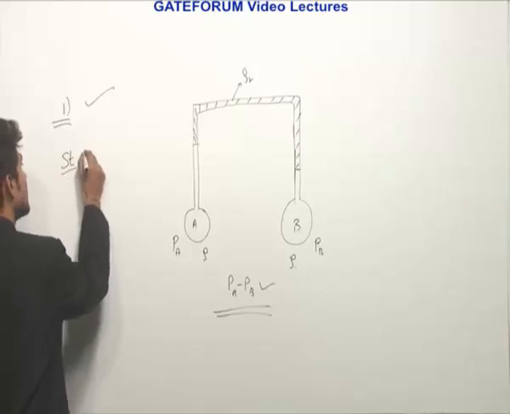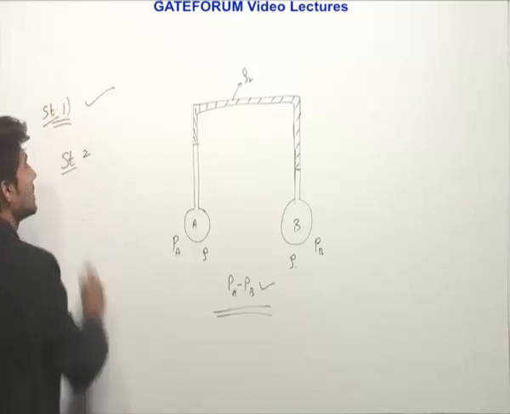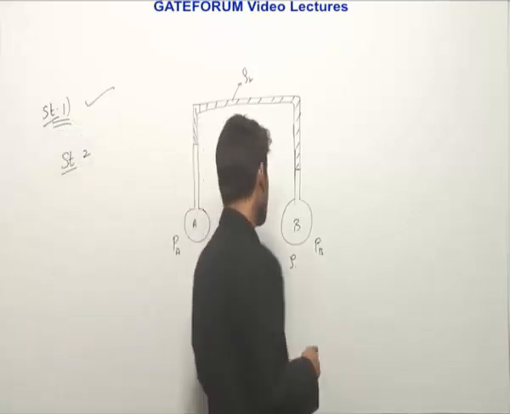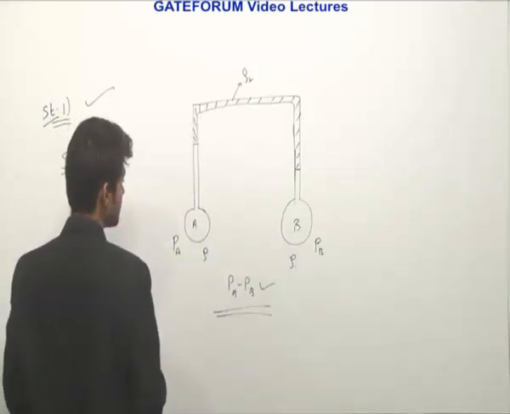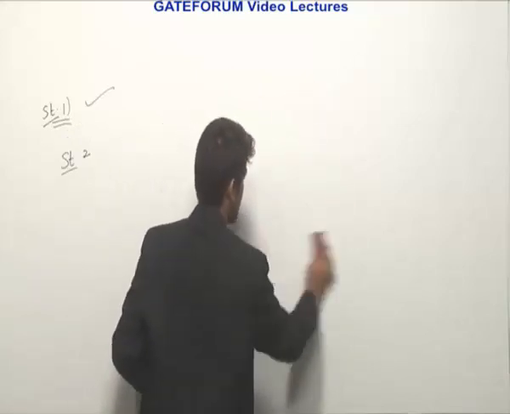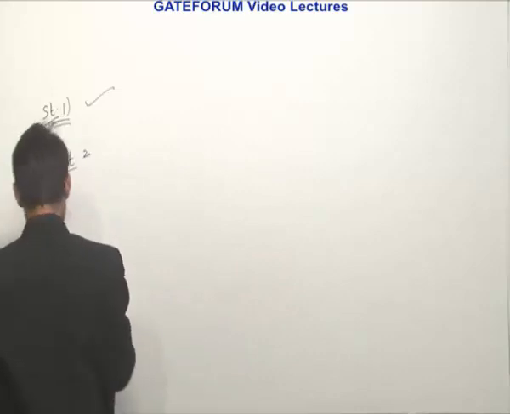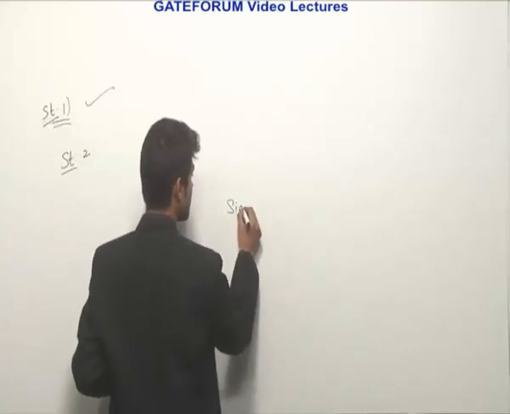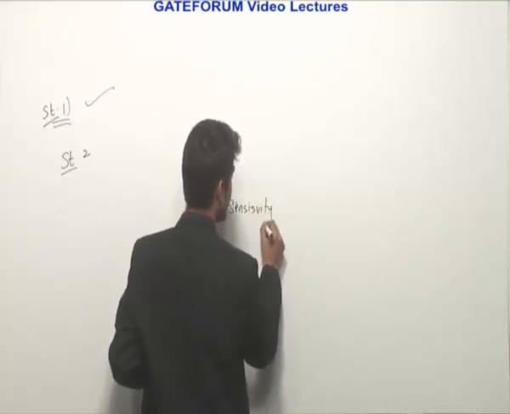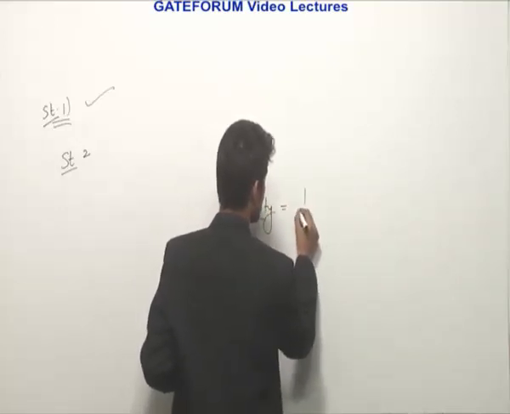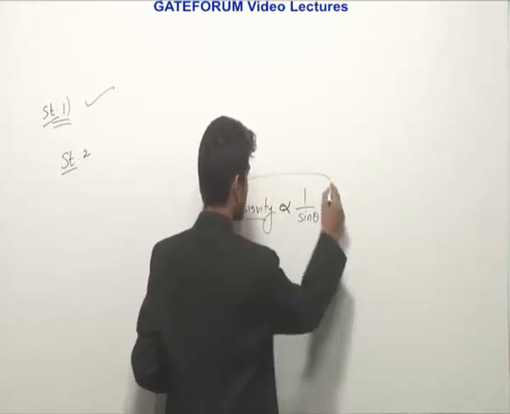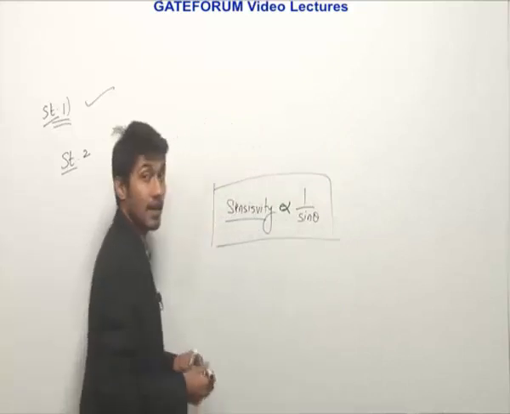Statement 2 given is: sensitivity of any inclined gauge depends on angle of inclination. Now we'll see what the sensitivity term is. Sensitivity for any inclined pressure gauge is inversely proportional to sin theta, where theta is the angle of the inclined limb.